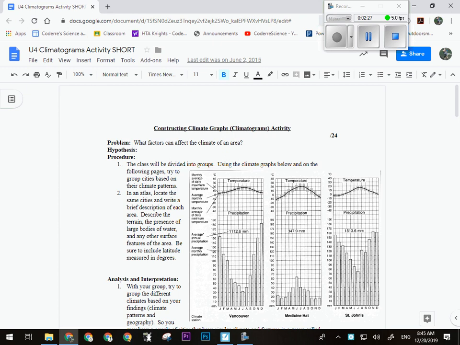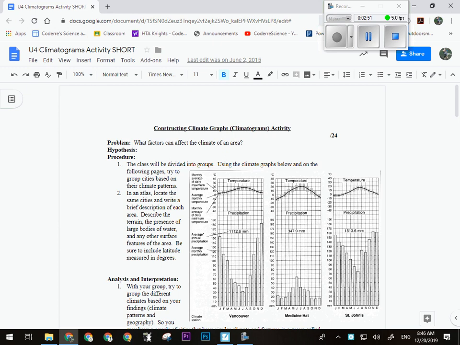We went over the factors yesterday. In the if part of your hypothesis, you should list what factors you think will be most important for Canadian cities, or affect the most cities.